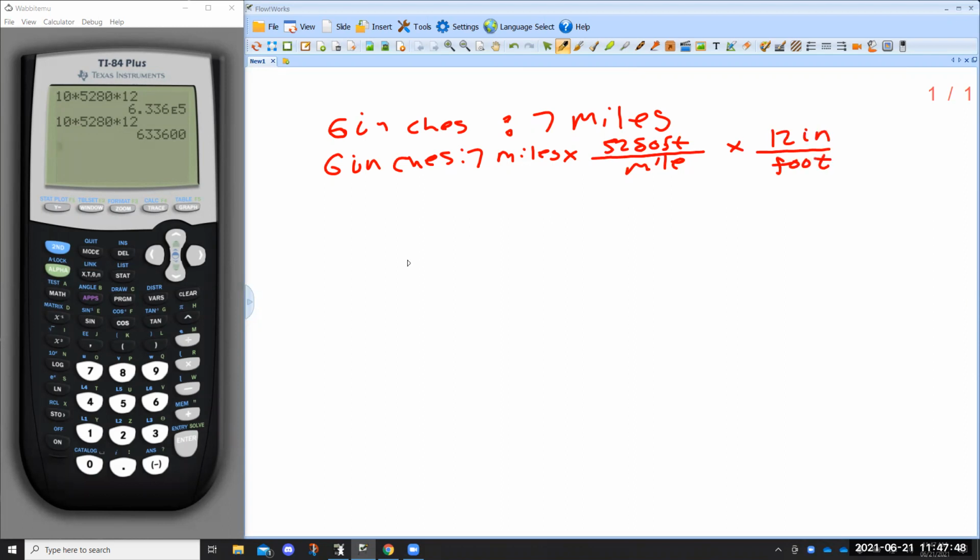We're going to need to multiply both sides by 1/6 as well. Get this to be 1. And then we have 6 goes into 12 2 times.